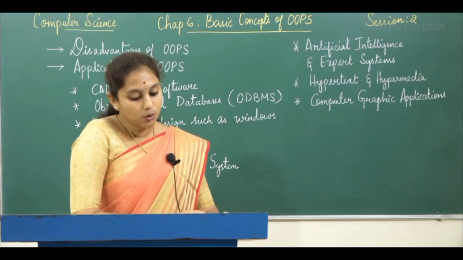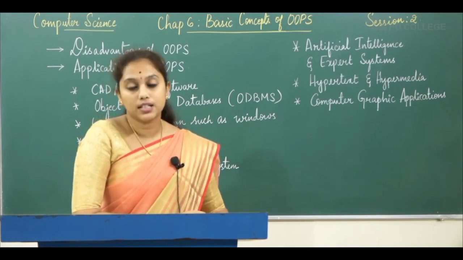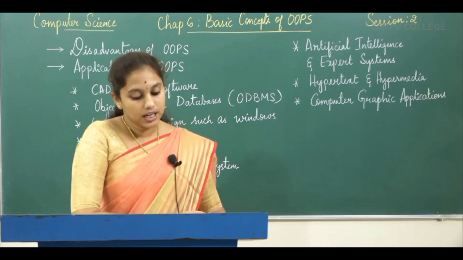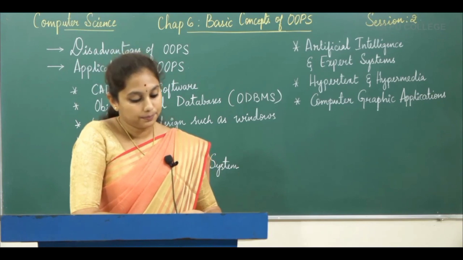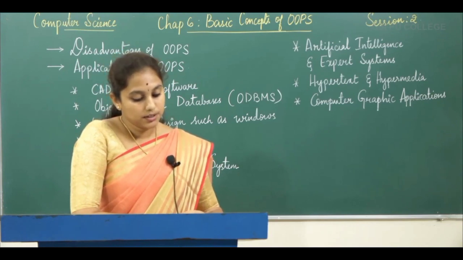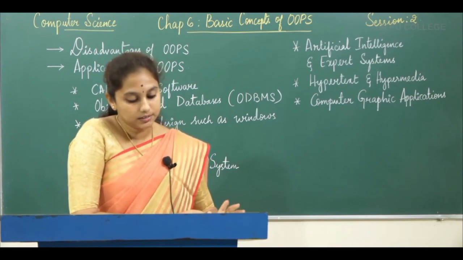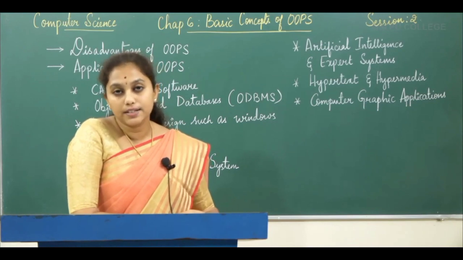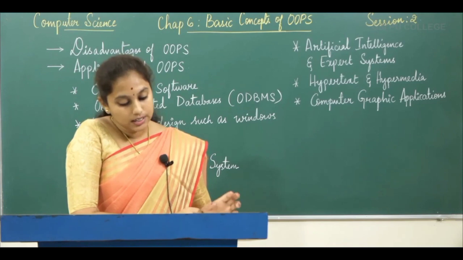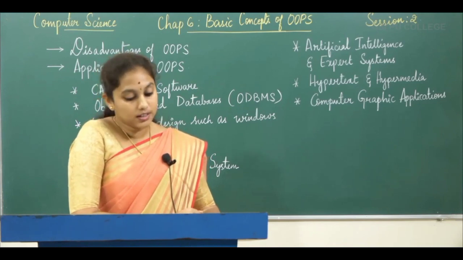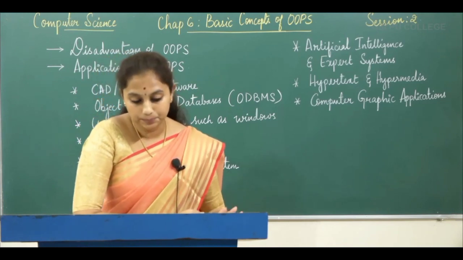Next question, how are base class and derived classes related? The derived class inherits properties from the base class. Next question is, define the term data hiding. The data of a class can be accessed only by the functions present inside that class. So it is called data hiding.